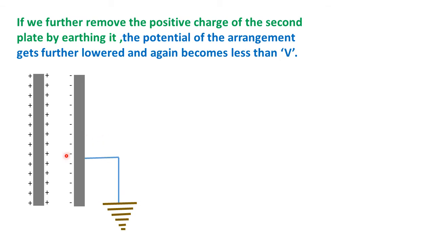It is neutralized by the electrons coming from the earth, and this negative charge is bound charge. It cannot leave. So what is the net impact? Its charge storing capacity is increased and its potential is further lowered. As potential is lowered, further charge can be supplied to this first plate.